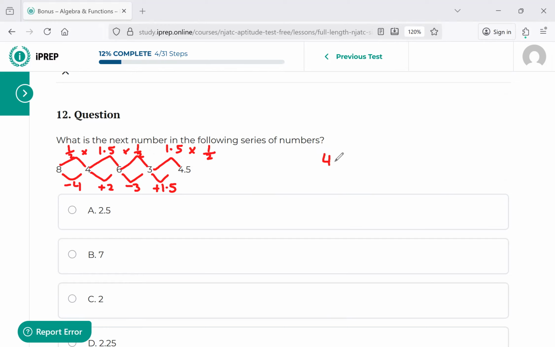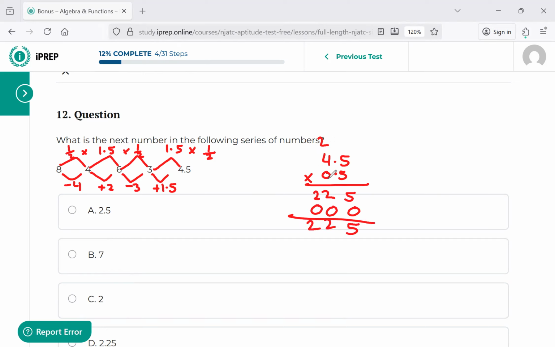So what's 4.5 times 1/2? The 1/2 is the same thing as 0.5. So 5 times 5 is 25. Carry the 2. 5 times 4 is 20, plus 2 is 22. 0 times 5 is 0. 0 times 4 is 0.